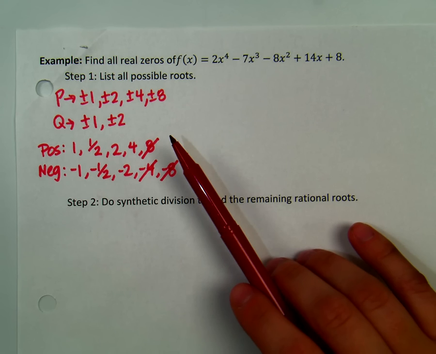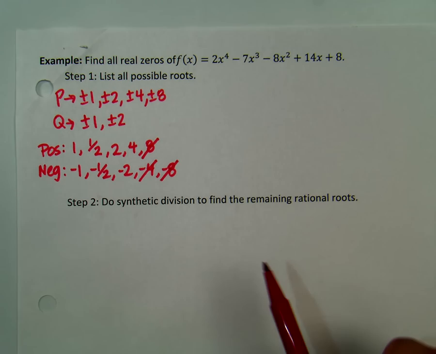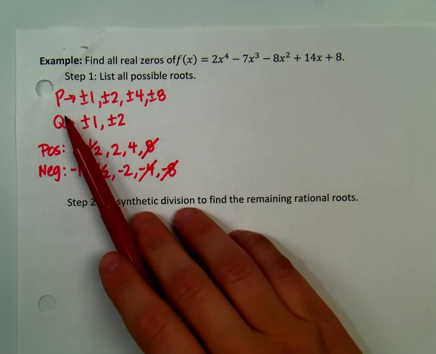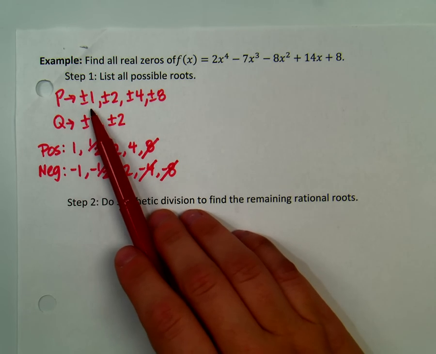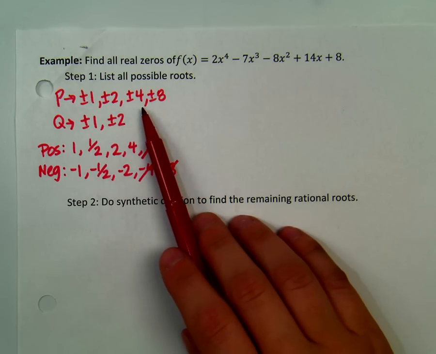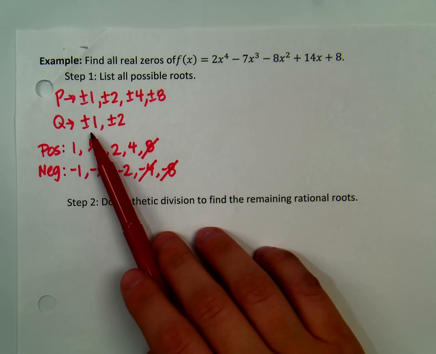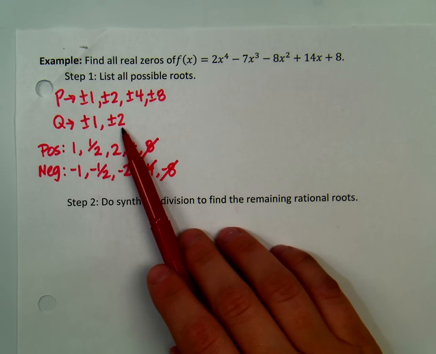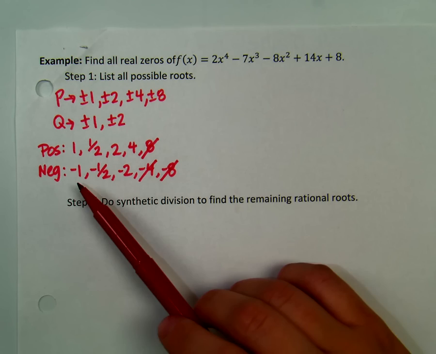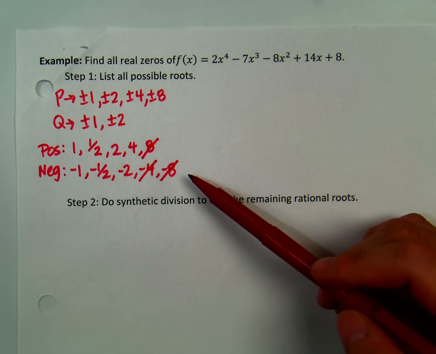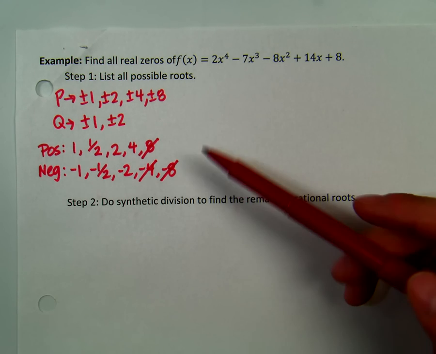In step 1, it says list all the possible roots. All right, so our possible p-values are positive or negative 1, positive or negative 2, and so on. Now, down here below, I've listed all the possible factors. Notice that there are only 10 in this case.